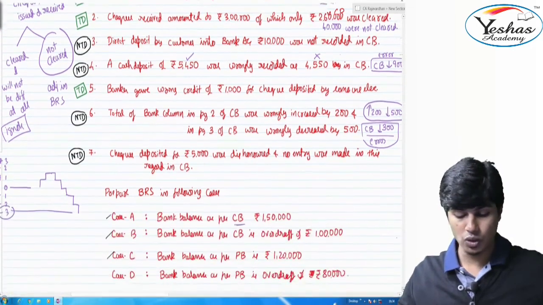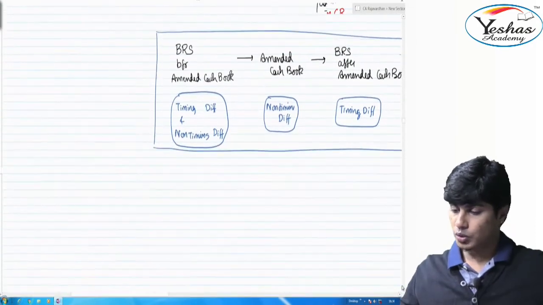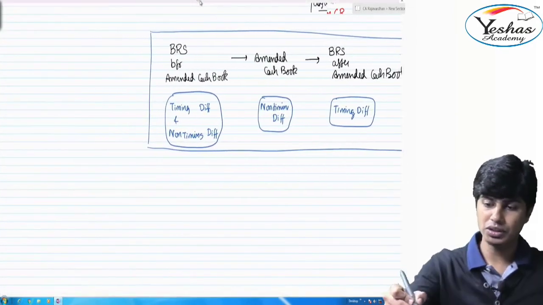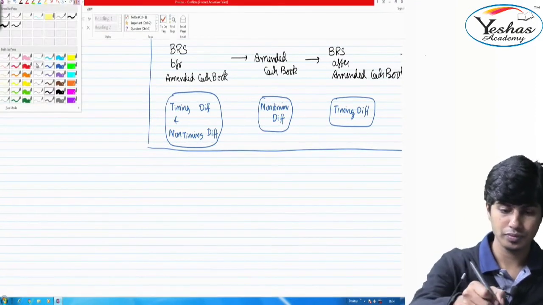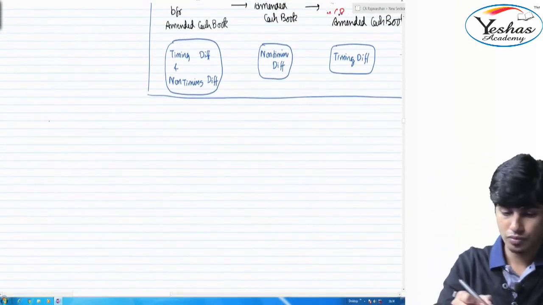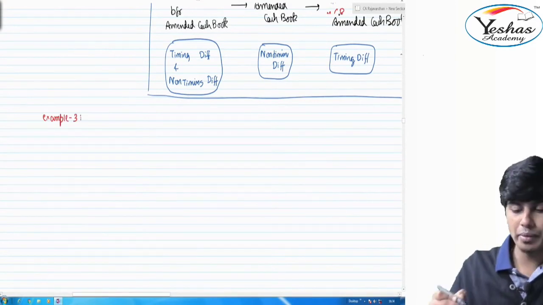Come on, let's quickly go to our example number 3. I'll show it to you with the help of a simple problem. Sweet and simple problem. I'll give you one more example question and then we'll solve that. Example 3.